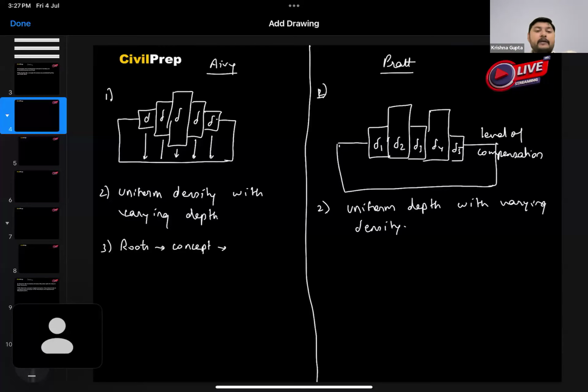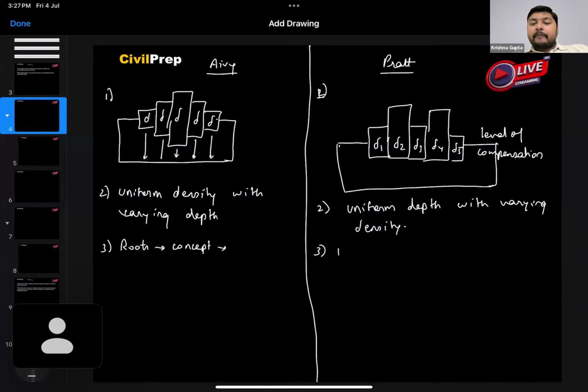Okay, so here we will see that the thickness which is provided by both the theorists with respect to the concepts was quite different also.